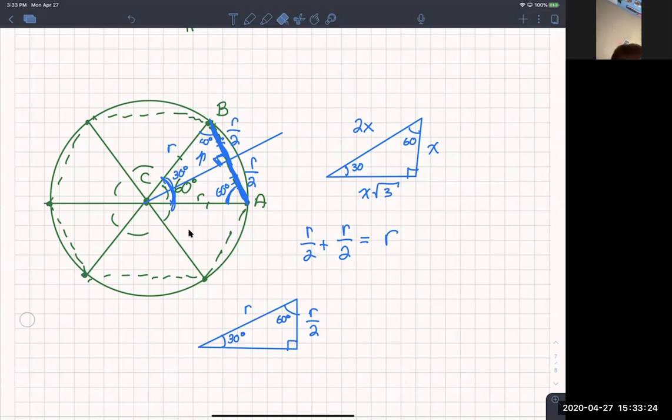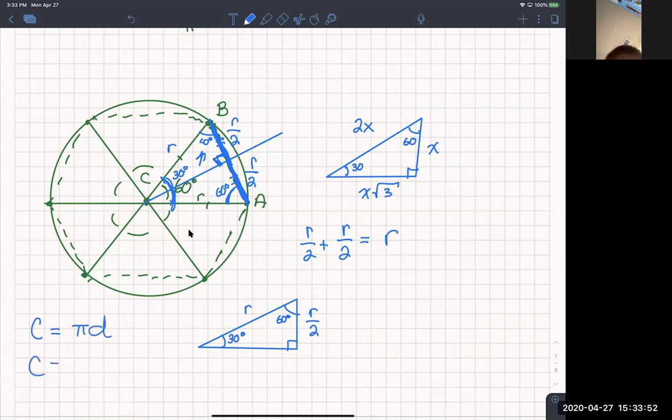What is the circumference of the circle? What's the formula for the circumference of a circle? We just did this. The circumference is radius times pi, no, it's pi times the diameter.